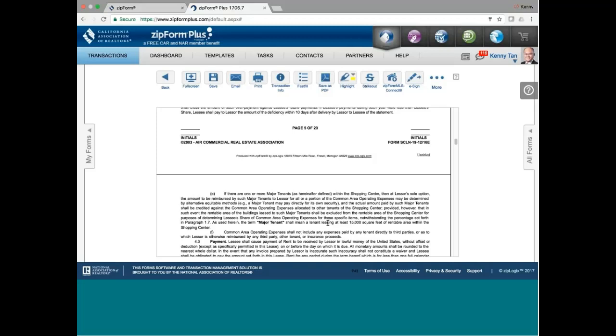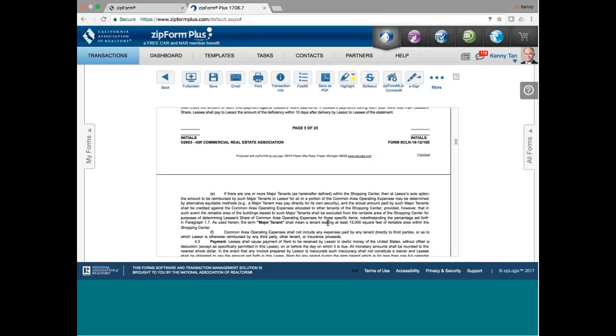So if you don't understand this, you might be talking to the landlord saying, how come Sears is not contributing to the common area operating expense? It could be that Sears is already directly paying for such expenses. And if Sears is already doing that, then whatever expenses you pay that appear on the bill you receive from the landlord will not include those direct expenses that Sears has already paid.